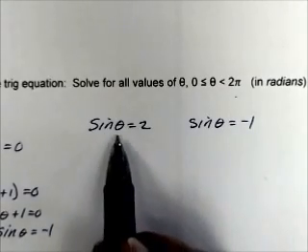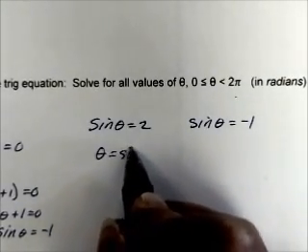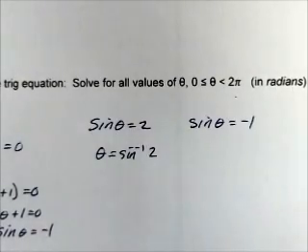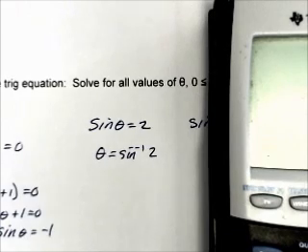Now, theta is going to equal the sine inverse of 2. But if we think of the graph of sine, y equals sine theta, the range, how high and how low, isn't it just from -1 to +1?